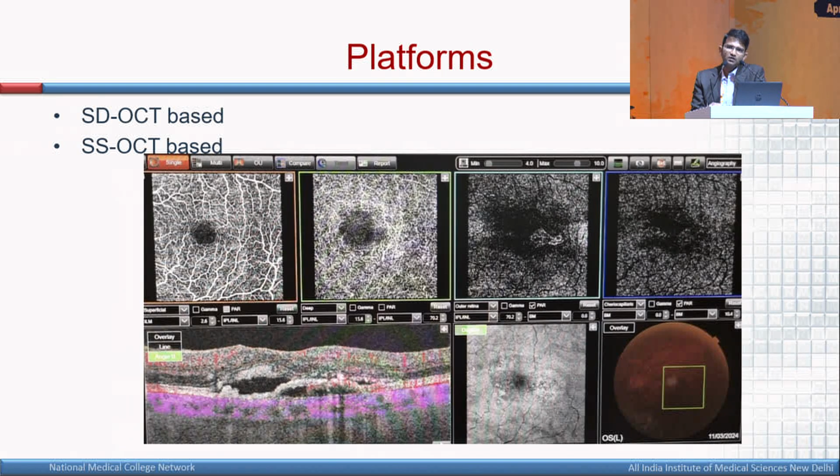The difference between swept source and spectral domain OCT angiography machines is that because of the longer wavelength, your choroid gets imaged better, but the resolution more or less is the same. Swept source machines have a faster A-scan acquisition, so more A-scans are acquired in a given time. So the resolution of the images could be better, or you can image a larger area in the same given time.